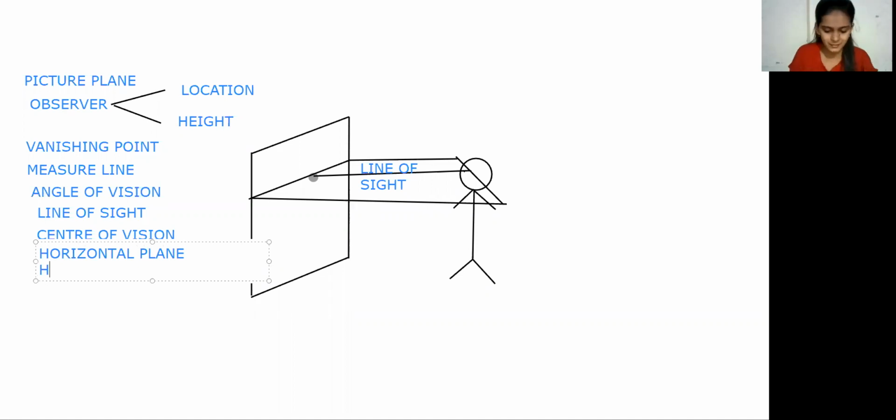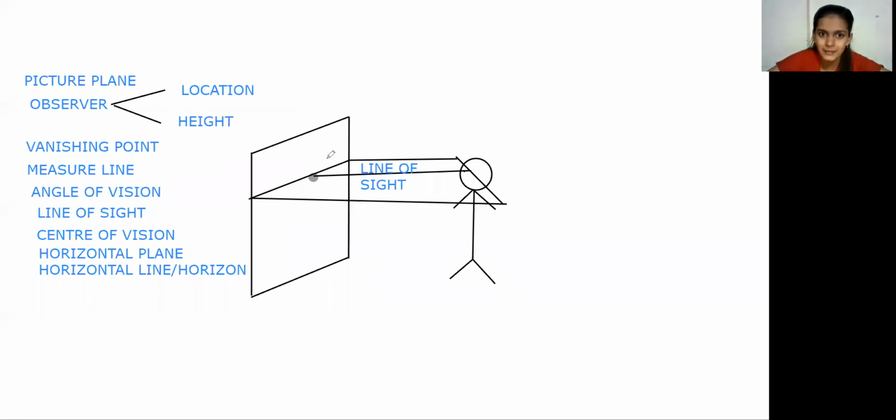Now consider the next thing, horizontal line or horizon. The horizontal plane coming out of our eyes is also perpendicular to the picture plane. Now concentrate on this line.